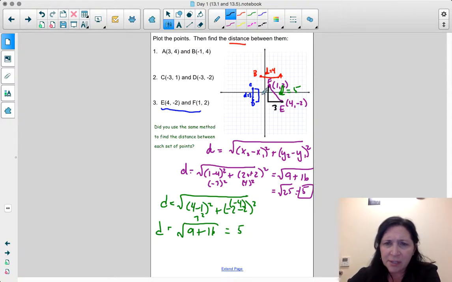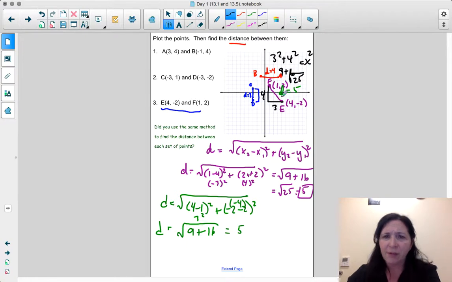This distance in between here was 4. And you could say 3 squared plus 4 squared equals that distance squared. 9 plus 16, which is 25, and then square root both sides, and then you have x equals 5. So there are multiple ways of finding the distance between these 2 points.